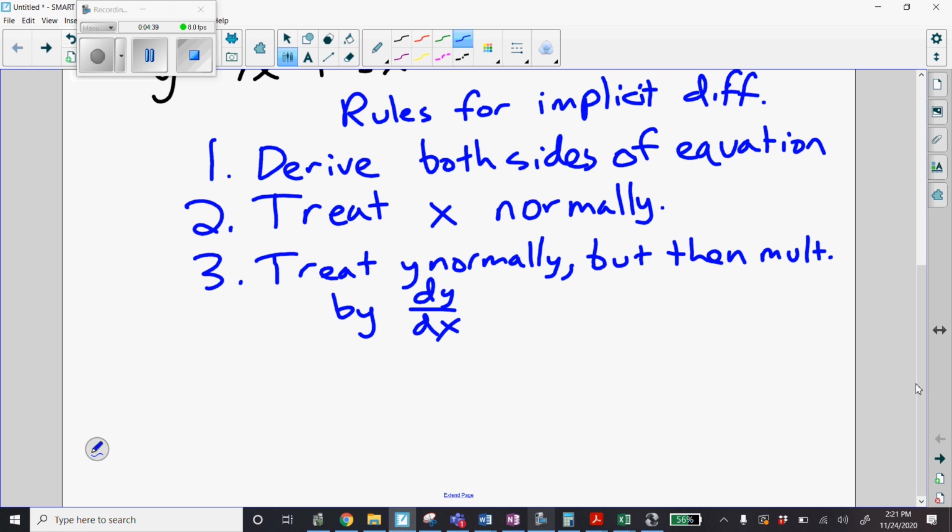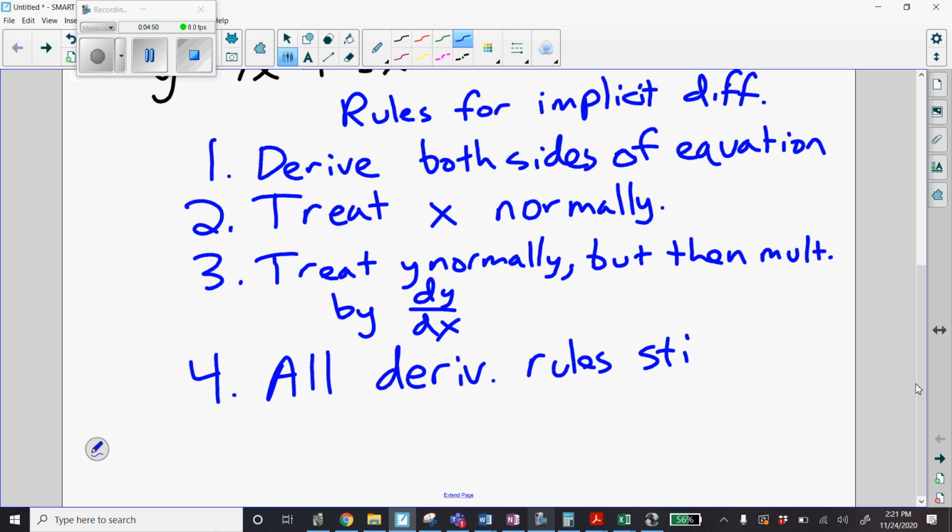Fourth thing, all rules still apply. So all your derivative rules, the rules you use for deriving still apply: power rule, product rule, quotient rule, chain rule.